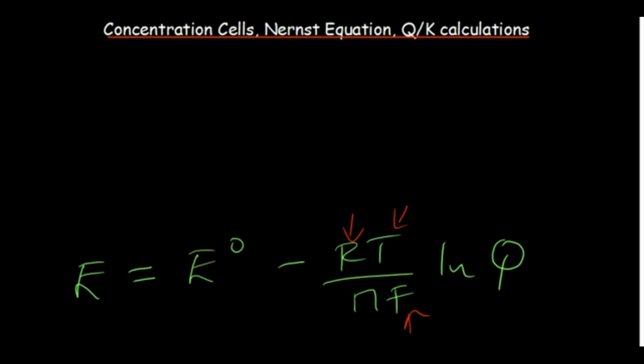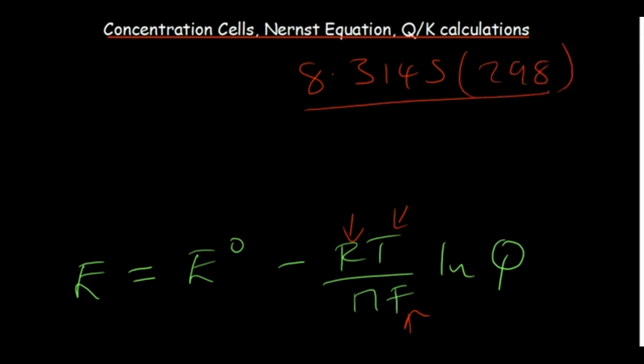In such a case, R is 8.3145, your temperature is 298, and the Faraday's constant is 96,485, and then you have your n there.